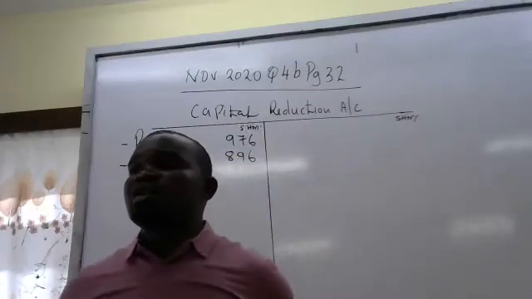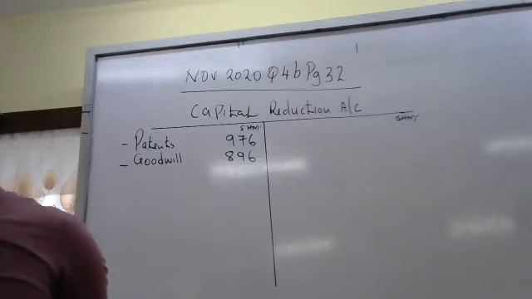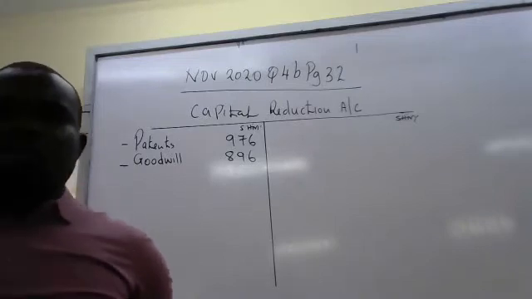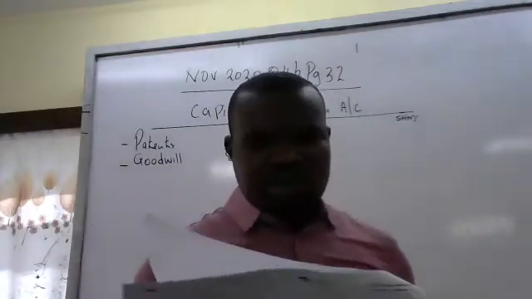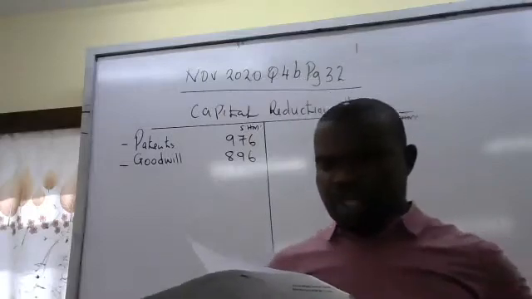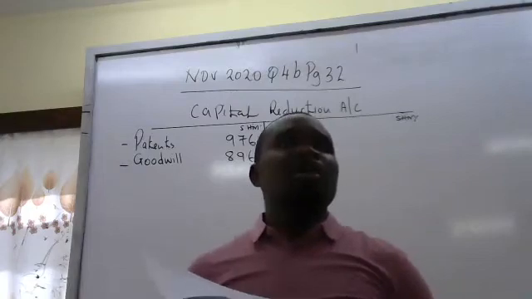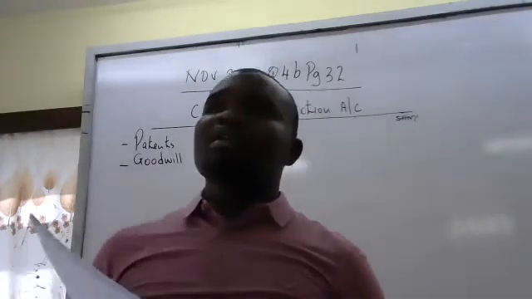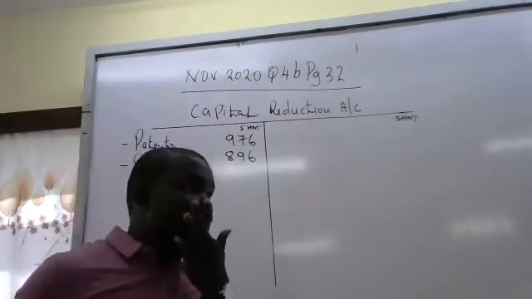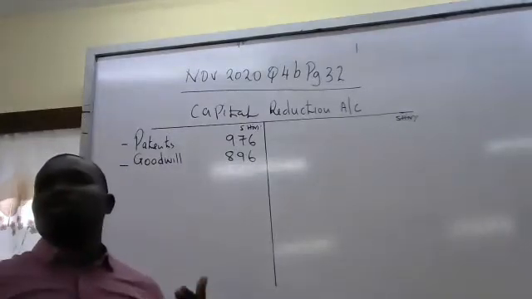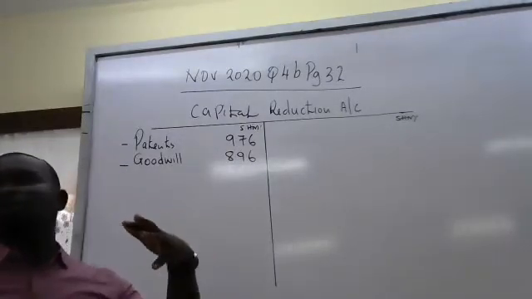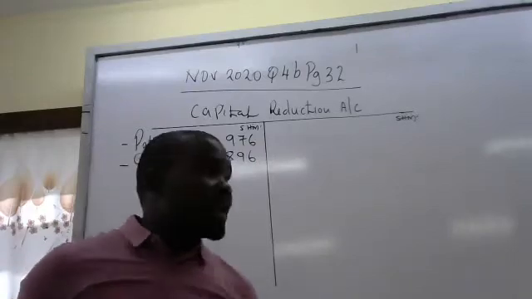An amount of 480 is to be written off inventory. How do you write off inventory? Inventory account, what will we do to the stock account? We credit stocks, because it's an asset.